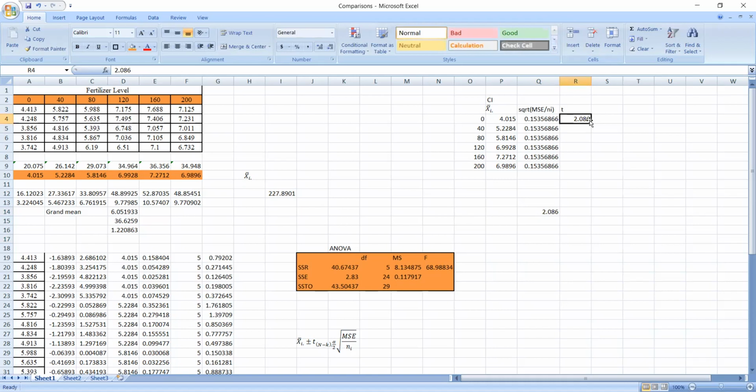So the table value is the same for all the treatment levels.